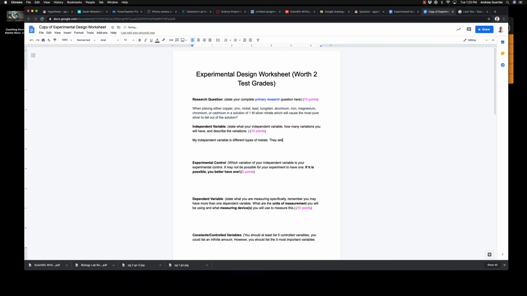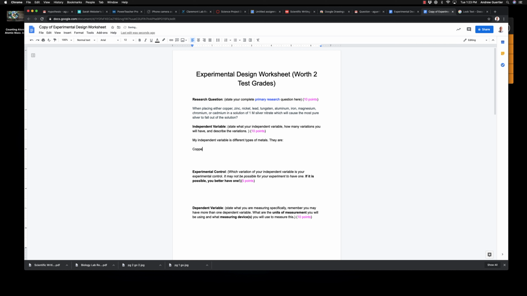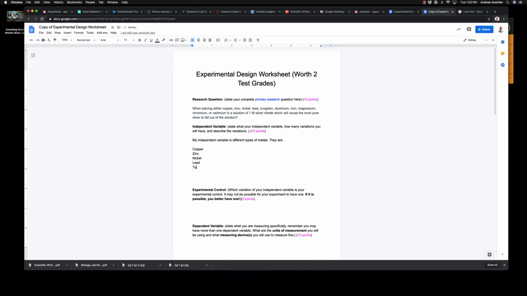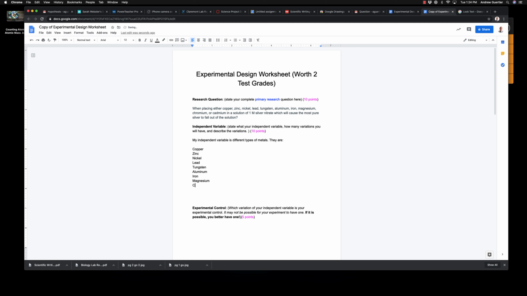And they are, so here's where I list each variation. Copper, zinc, nickel, make sure you spell these right, lead, tungsten, aluminum, iron, magnesium, chromium, cadmium.